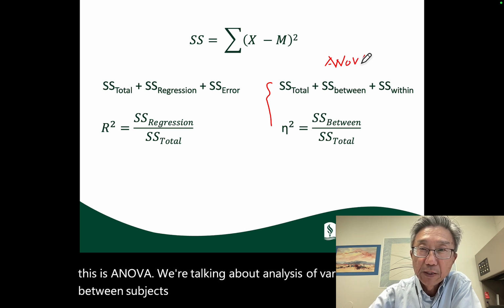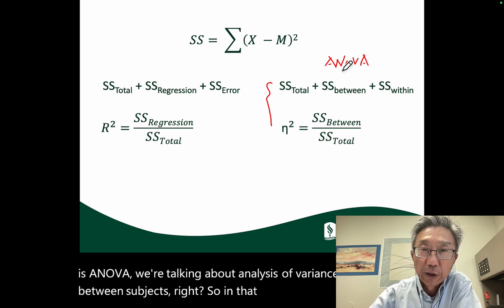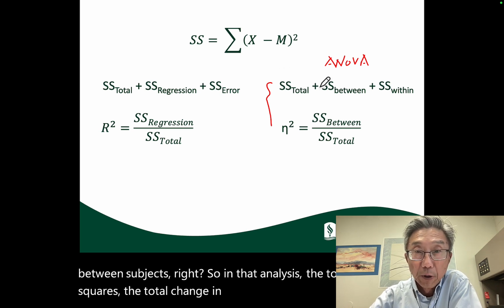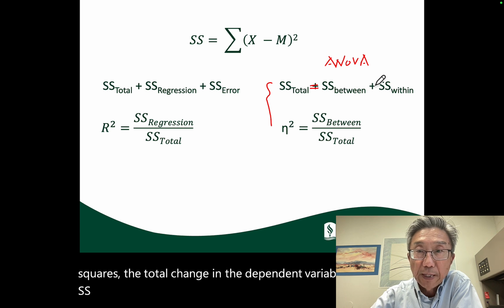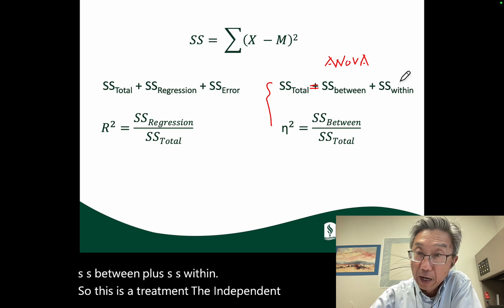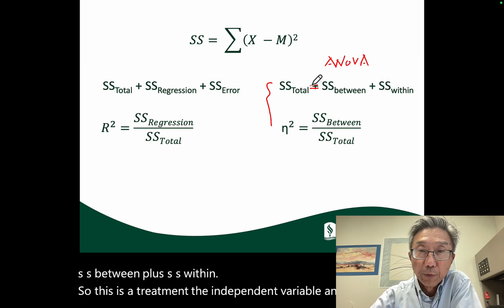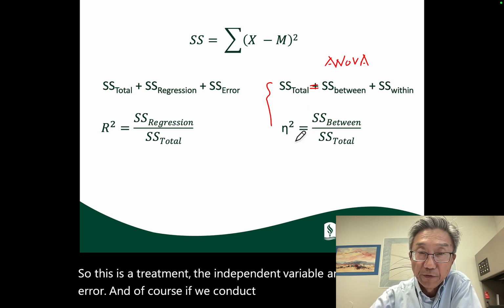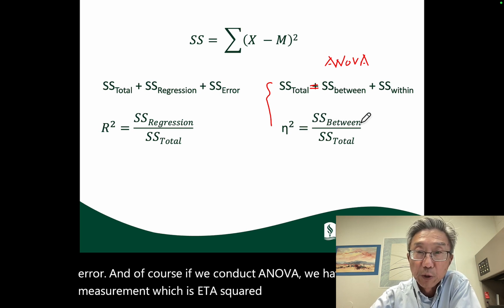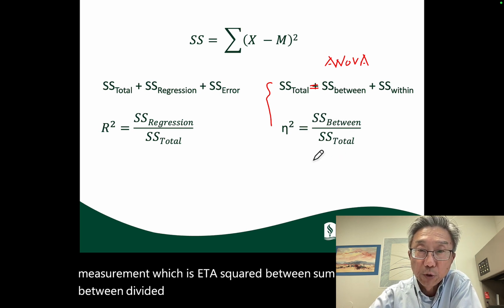In that analysis, the total sum of squares, the total change in the dependent variable, equals SS between plus SS within. This is the treatment, the independent variable, and this is the error. And of course, if we conduct ANOVA, we have an effect size measurement, which is eta squared: sum of squares between divided by sum of squares total.